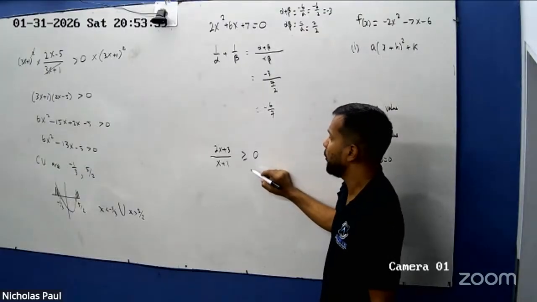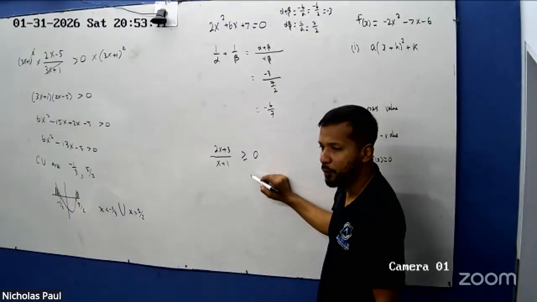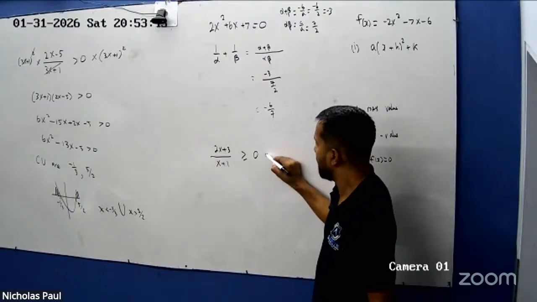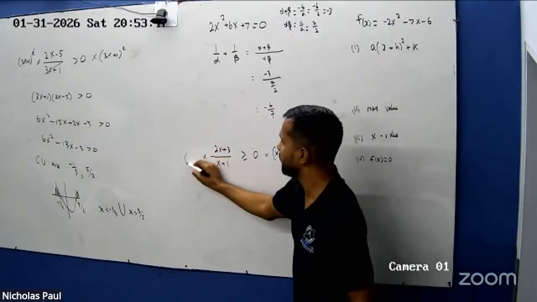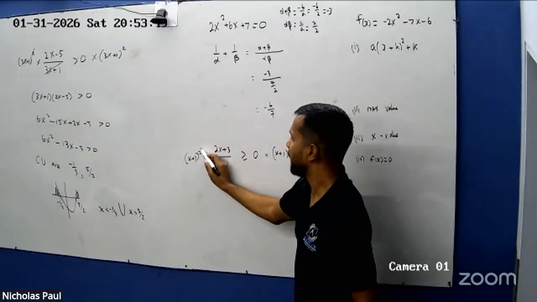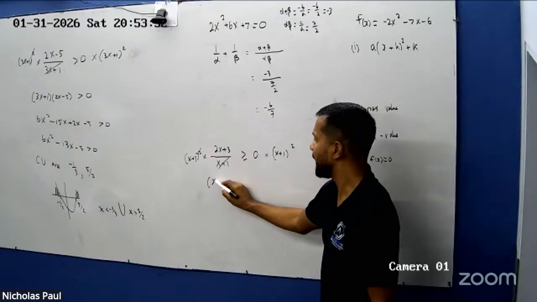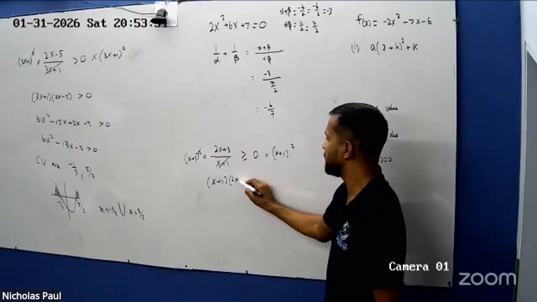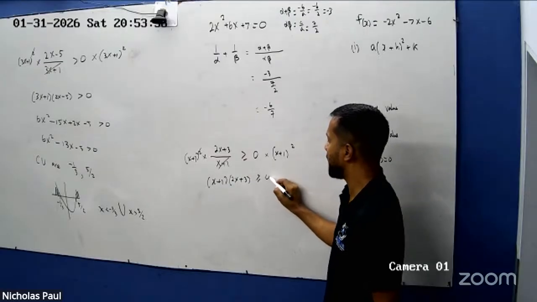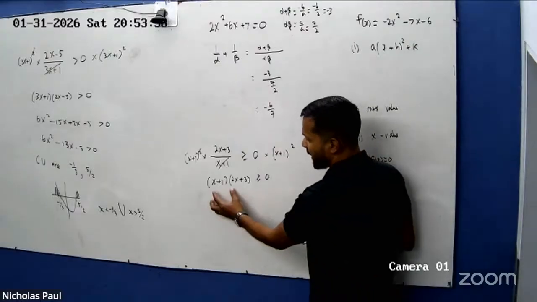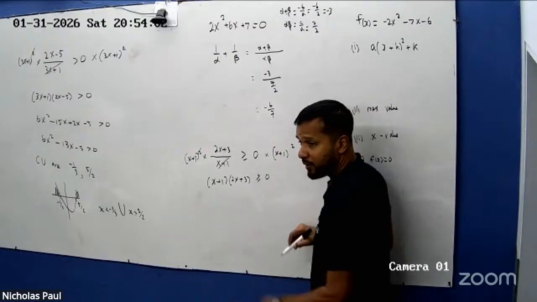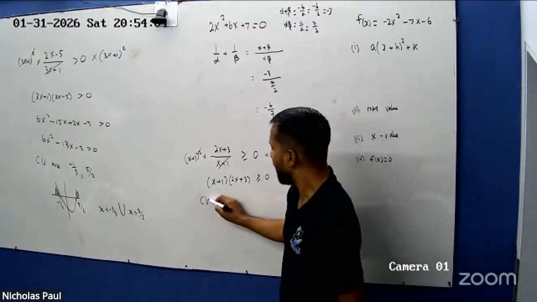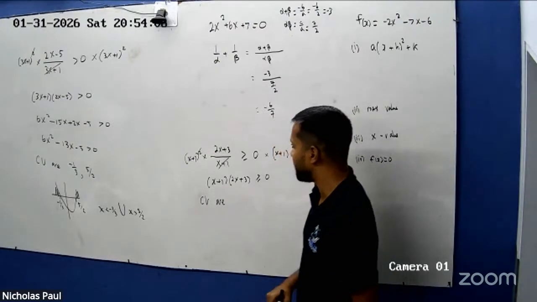Now we have this here. What do we do again? Multiply both sides by the denominator squared. This will cancel. You'll get x plus 1 by 2x plus 3 is more than or equal to 0. We could check and make sure it's a minimum. X by 2x is positive 2x squared, so it's a minimum. I could come right here now and find the critical values.